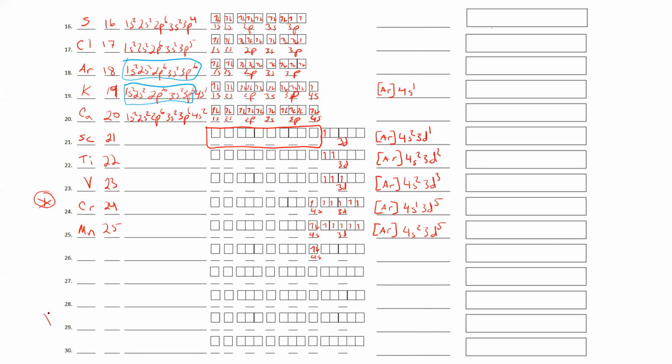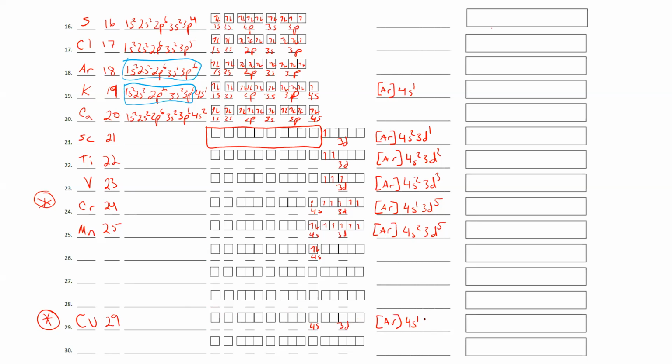And then you'll see, as I fill in the table and post it later, you can check these electron configurations, but copper is our other exception. So on copper, you now have 29 electrons, right? And your 4s and 3d are going to have the exception in there. So here, argon, 4s1.